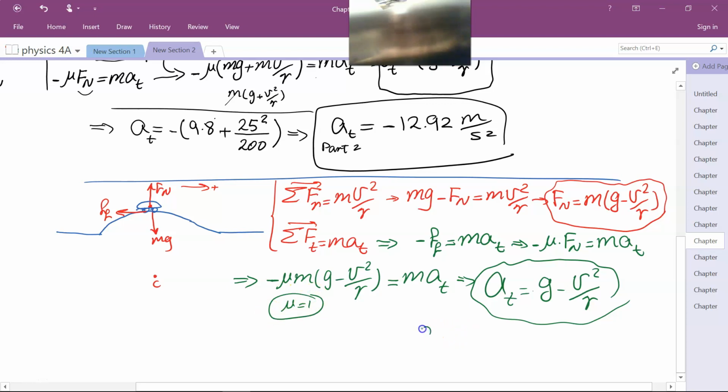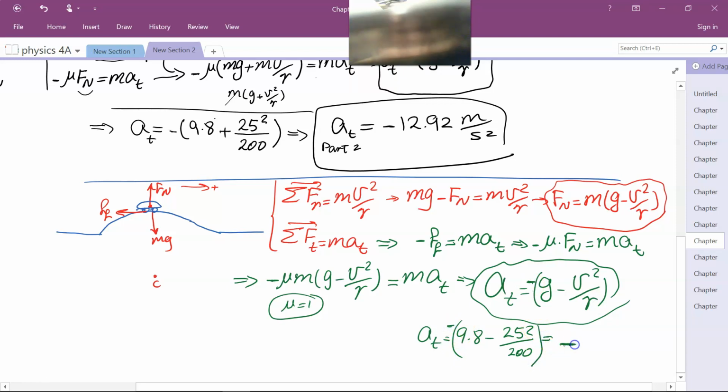Now if I substitute 9.8 minus 25 squared divided by 200, but you know what? This should be minus.